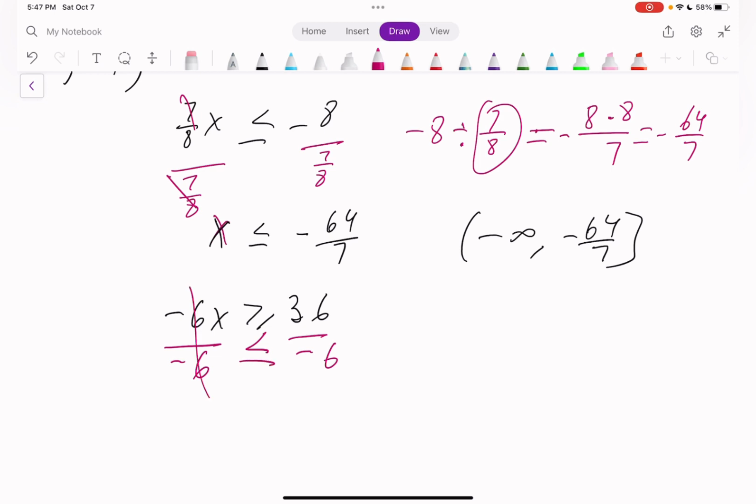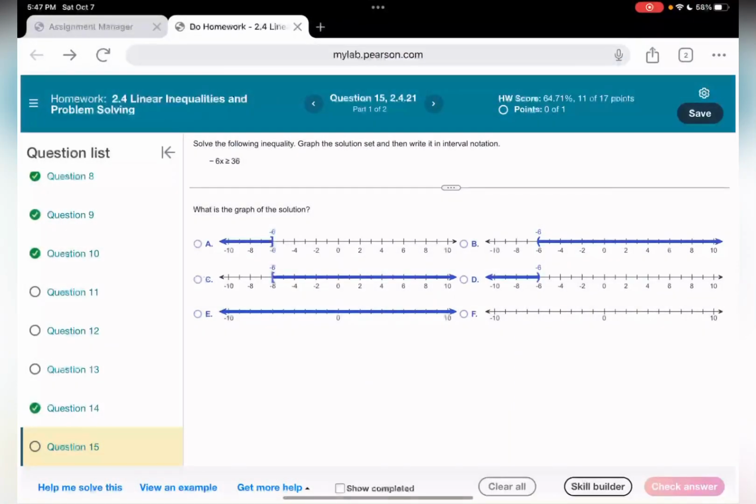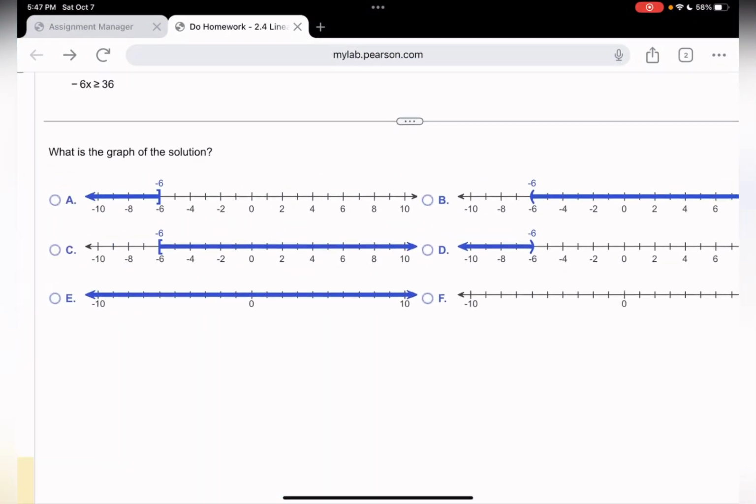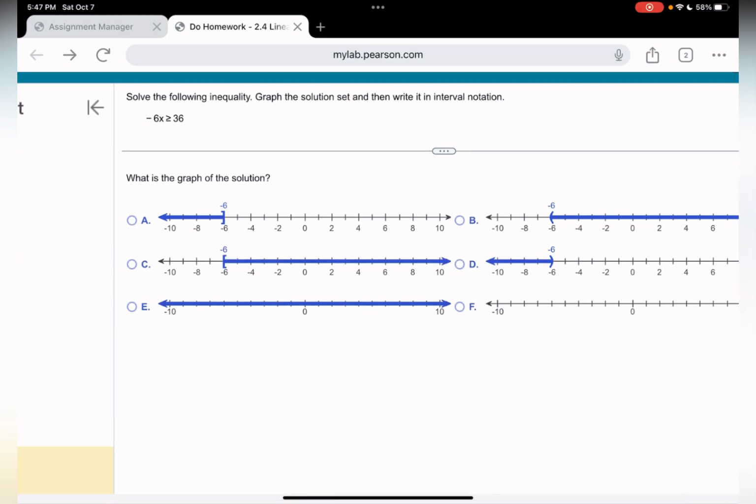So we are getting x less or equal negative 6. It's a different story if I have 7x, let's say, less or equal negative 49. Dividing by 7, you don't care about the negative. But you do care if you divide by a negative. So x is less or equal negative 6. Less or equal, so it's going to be a square bracket going to the left.